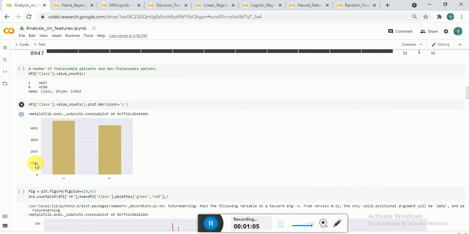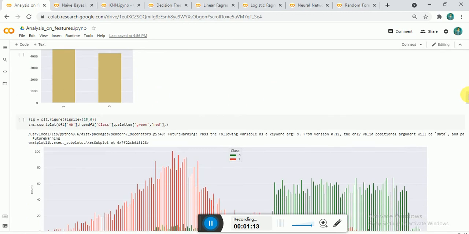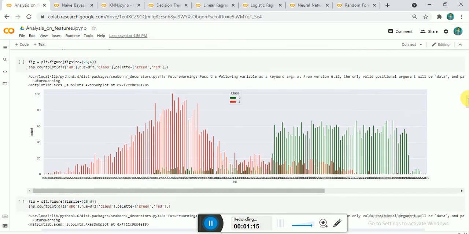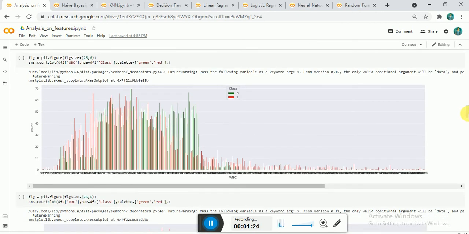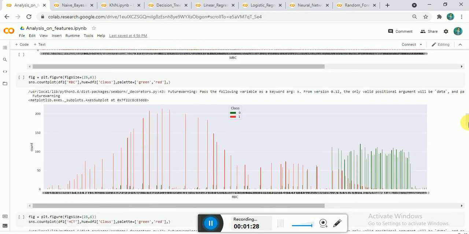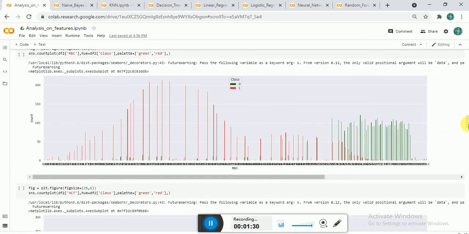The analysis of the final class, to identify how many class values are present in the dataset. The feature analysis of different attributes individually. I have tried different combinations of different attributes so that I can analyze the dataset very well.